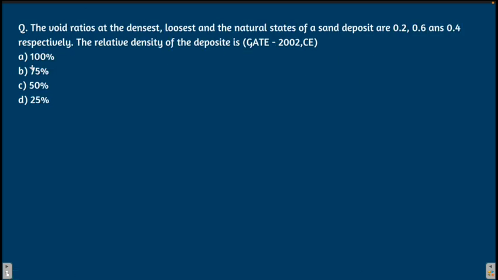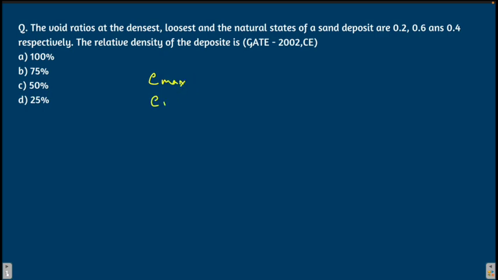So coming to the last question, I guess this is the last question. The void ratio at the densest, loosest and the natural state of the sand deposits are given. Based on this question, we have already done a question in the previous lecture, lecture number 1. If you haven't gone through lecture number 1, I would request you to go through it. So the void ratios in the densest state, that means the minimum void ratio, is 0.2.